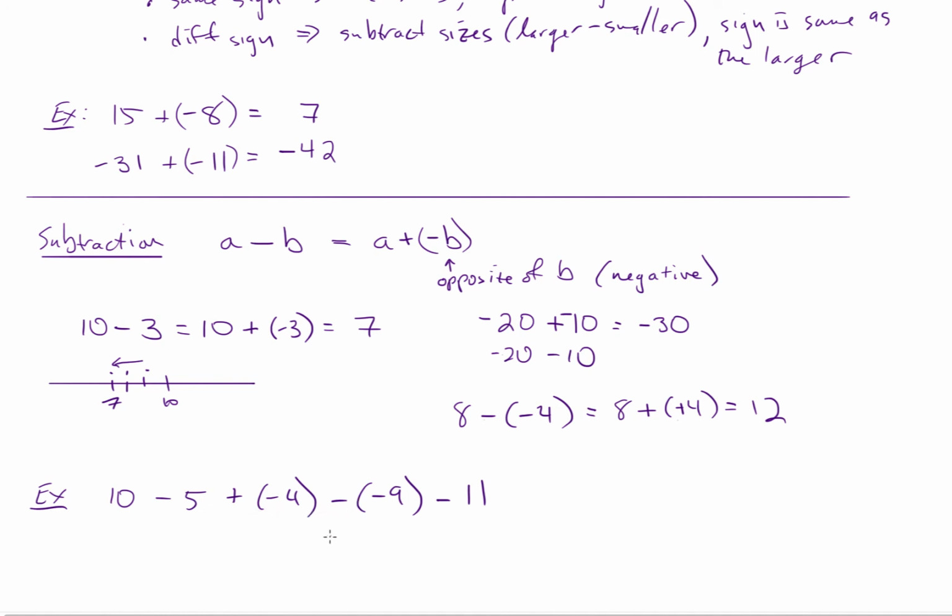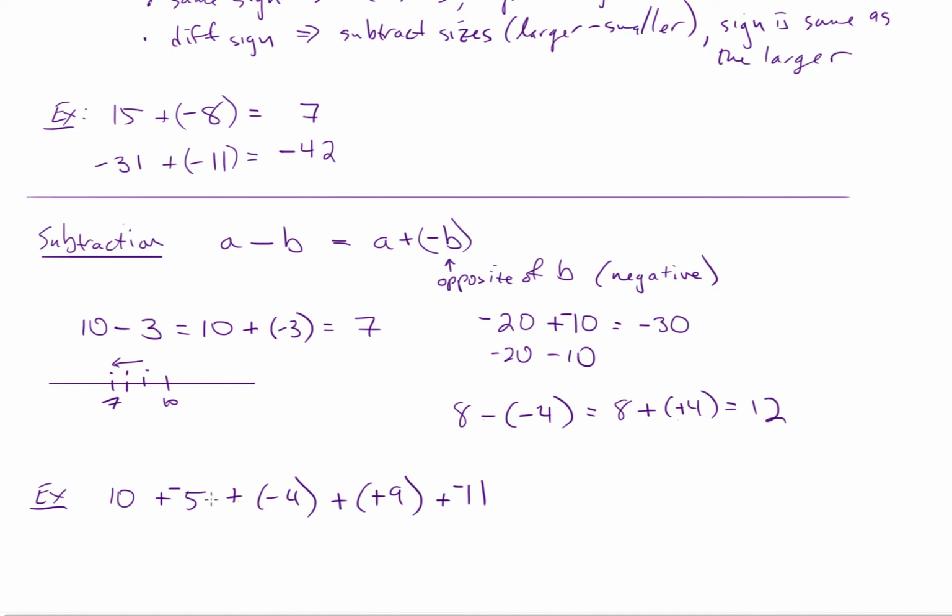If you've got subtractions in there, convert those to addition. Definitely, regardless, I will convert this minus a negative 9 to adding a positive 9. And then I might as well write this as adding negative 11. Also do that with the minus 5 too, just to be consistent.